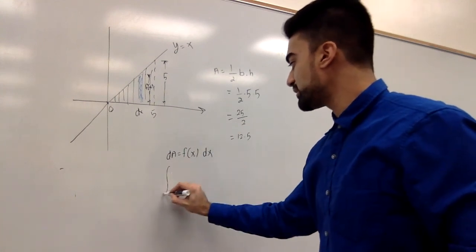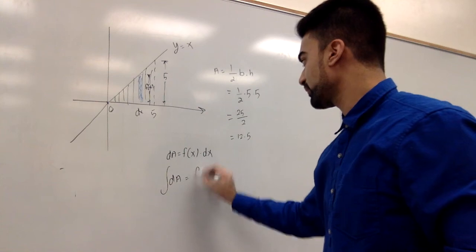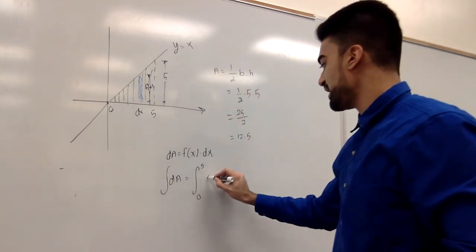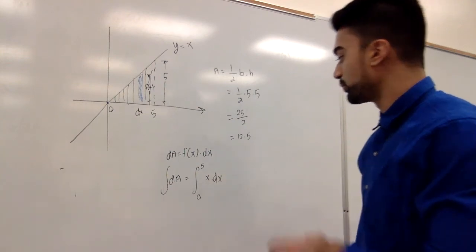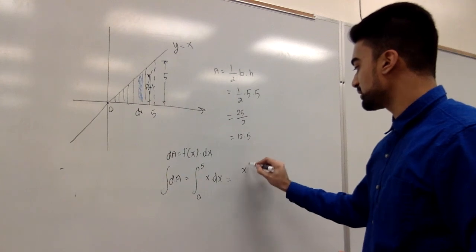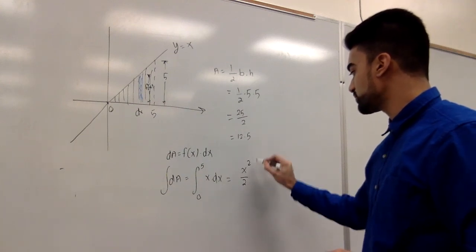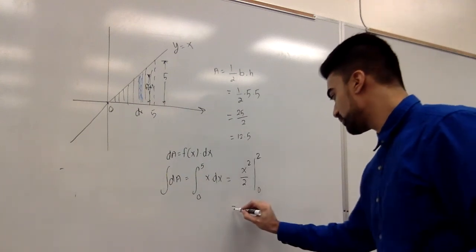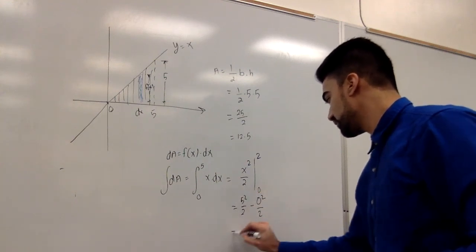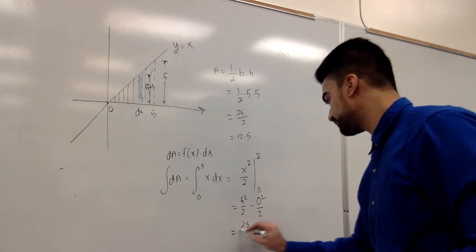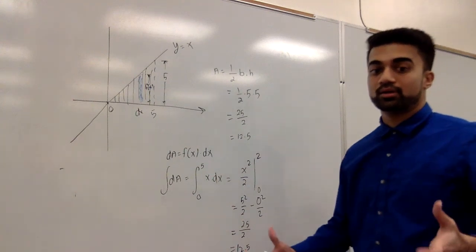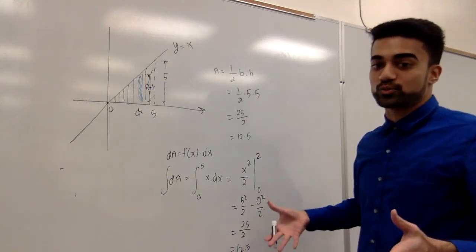So I want to integrate this to get the total area from 0 to 5 of f(x), which is just x times dx. And we know the integral of x is x squared over 2. So this thing is basically x squared divided by 2 from 0 to 5, which is 5 squared over 2 minus 0 squared over 2, which is 25/2, which is 12.5. We see that this actually works.